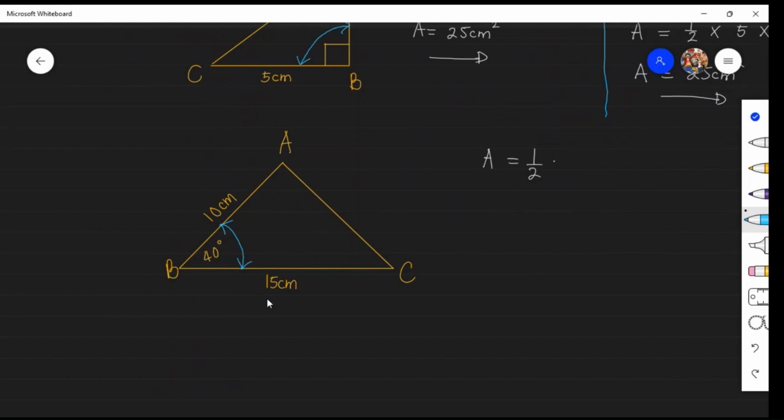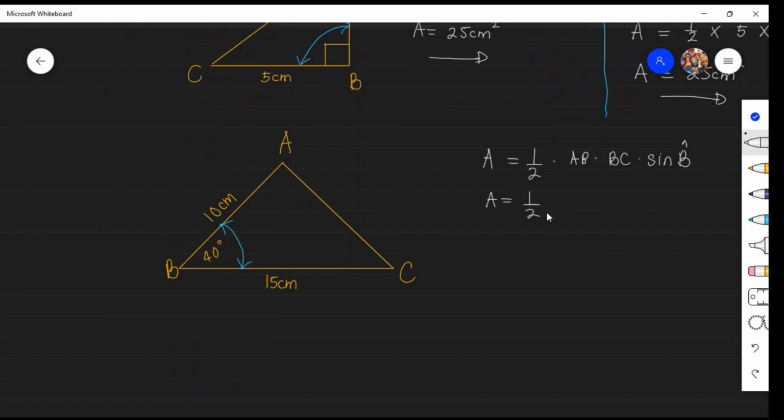So we are going to use side AB and side BC because those are the sides that our arrows are pointing to. So AB times BC times sine of angle B, which is our 40-degree angle.